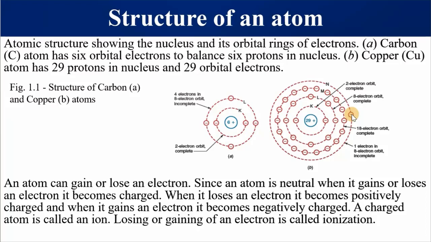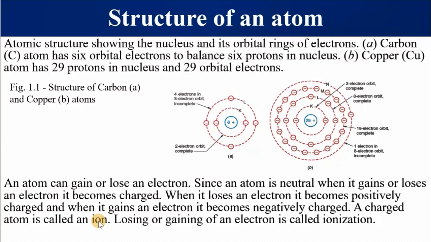An atom is said to be electrically neutral because the number of positive charges, which are protons, is equal to the number of negative charges, which are electrons. Excess electrons result in a negative charge. Deficiency of electrons results in a positive charge. The loss or gaining of electrons by an atom is called ionization, and a charged atom is called an ion.